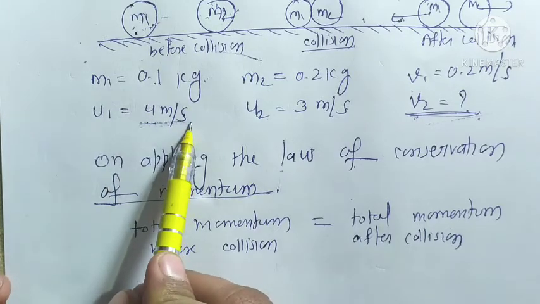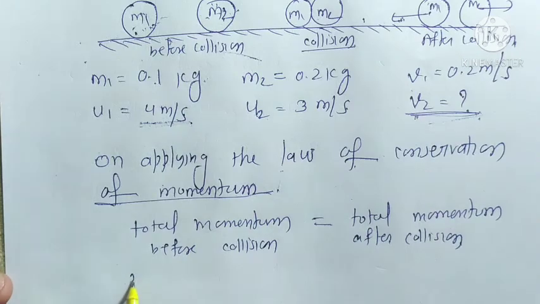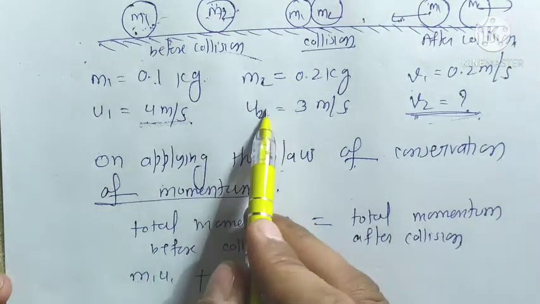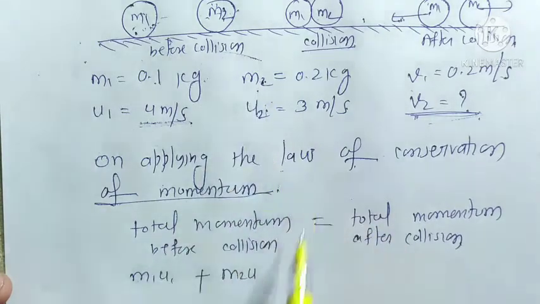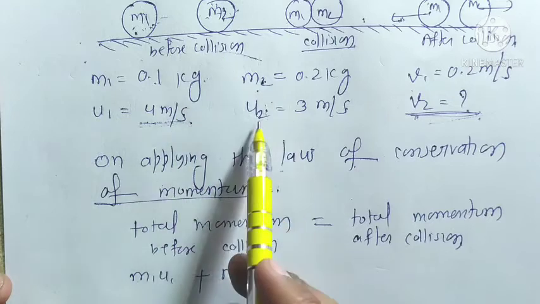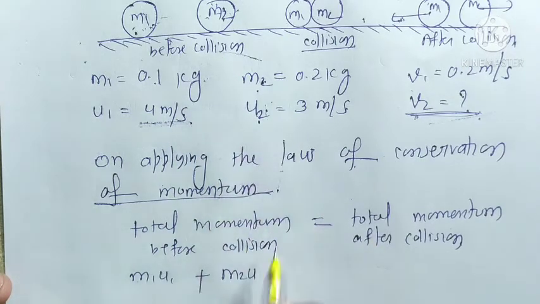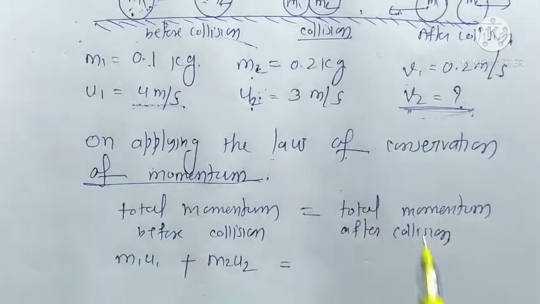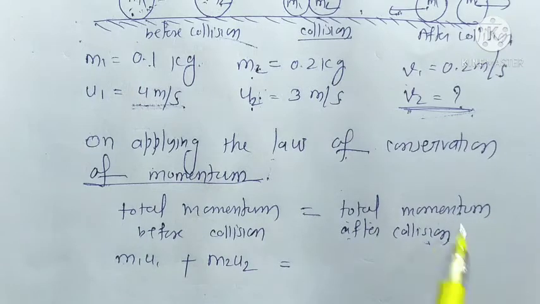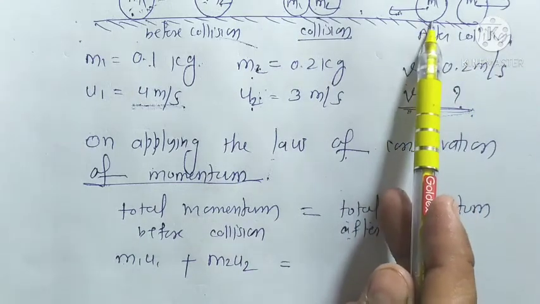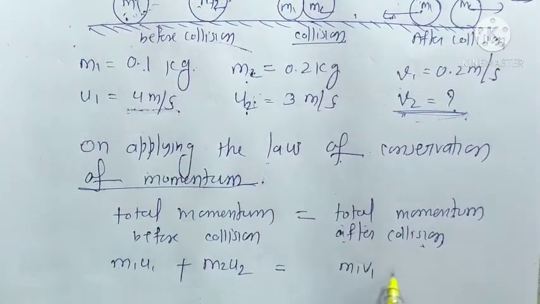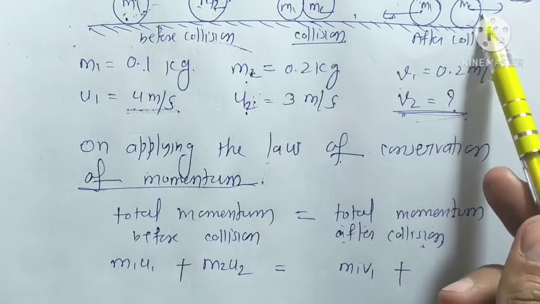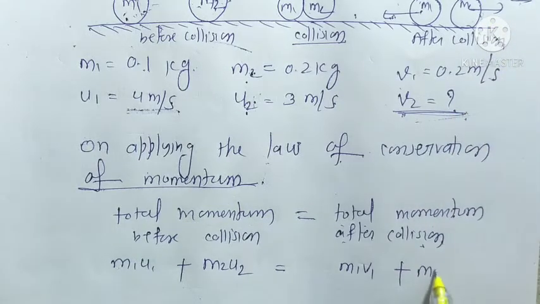The first body has mass m1 and moves with velocity 4 meter per second. Momentum is mass into velocity, so m1 u1 plus m2 u2, the mass of the second body m2 and its initial velocity u2, is equal to the total momentum after collision. After collision, the first body returns back with velocity v1, so m1 v1, plus the second body moves with velocity v2, m2 v2.